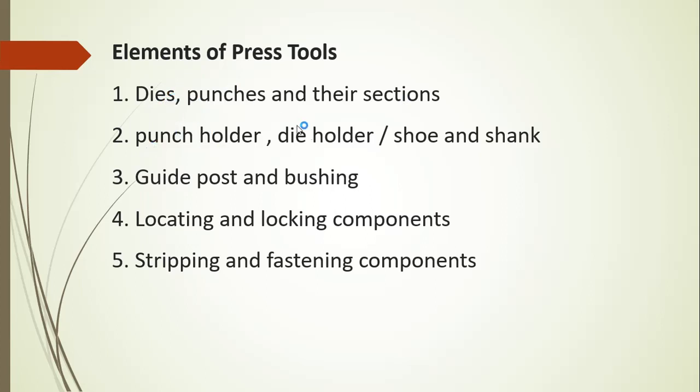To support the die, the die holder is there, or we call it the shoe, and the shank. To develop the assembly of die, punches, punch holder and die holder, we require the guide post, and along with the guide post we use bushings. And to lock the guide post with the dies, punches, punch holder and die holder, we use different locating and locking components.